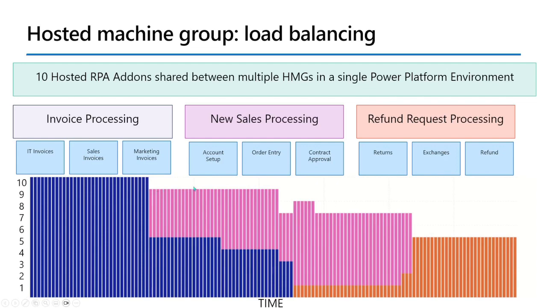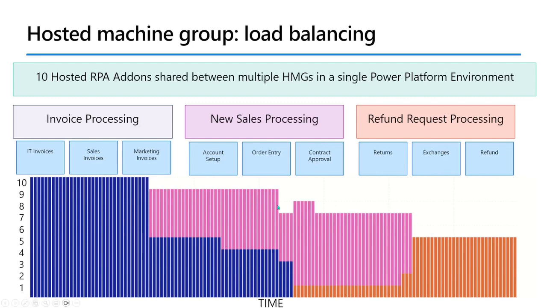And it continues that way for a while until a little bit later in the day, maybe 11 o'clock. At 11 o'clock, the demand drops a little bit on the invoice processing, but increases. So we have still the same 9 machines, but one of them is now not doing invoice processing, and one of those 9 has switched over to doing sales processing.